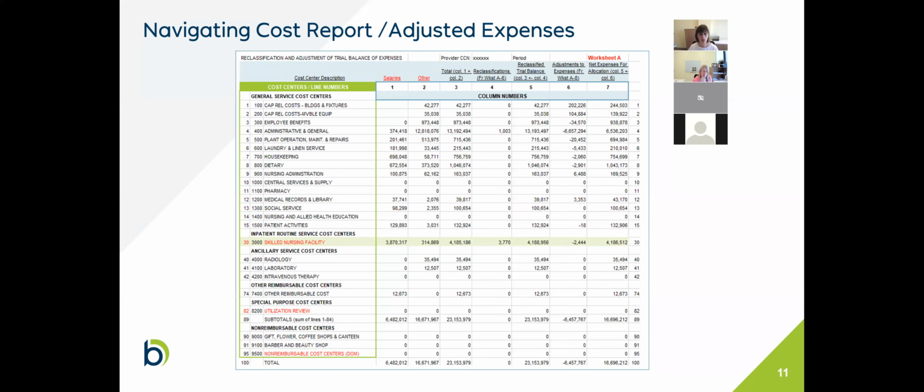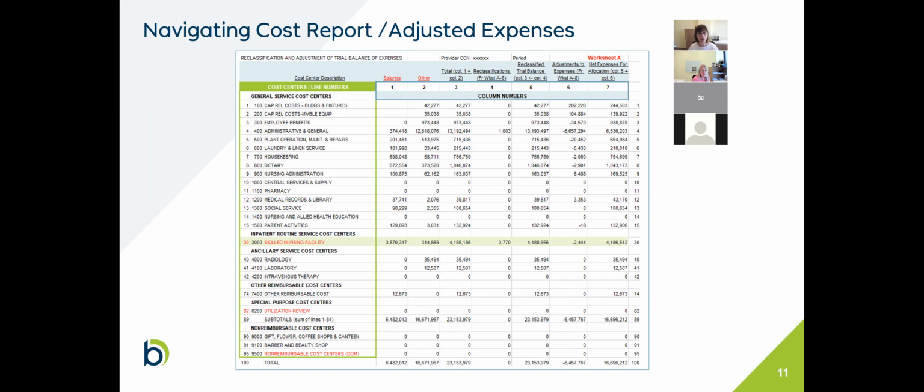Lines are called cost centers. And in this example here, you can see they are standard between all skilled nursing facility cost reports, with the exception of very specific cost centers, which would probably be your non-reimbursable cost centers.